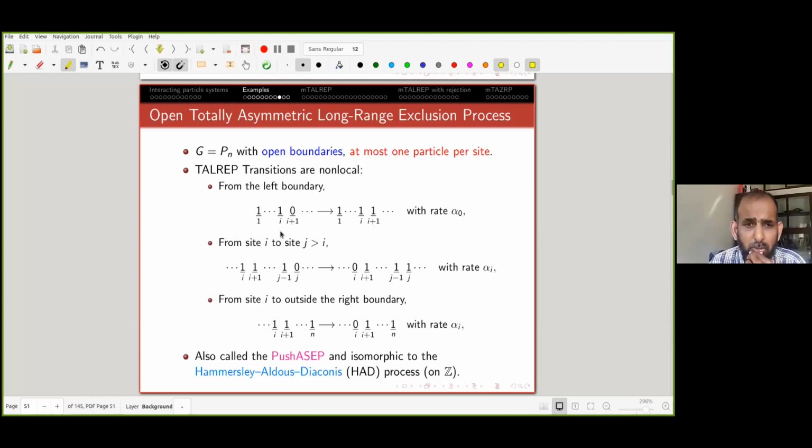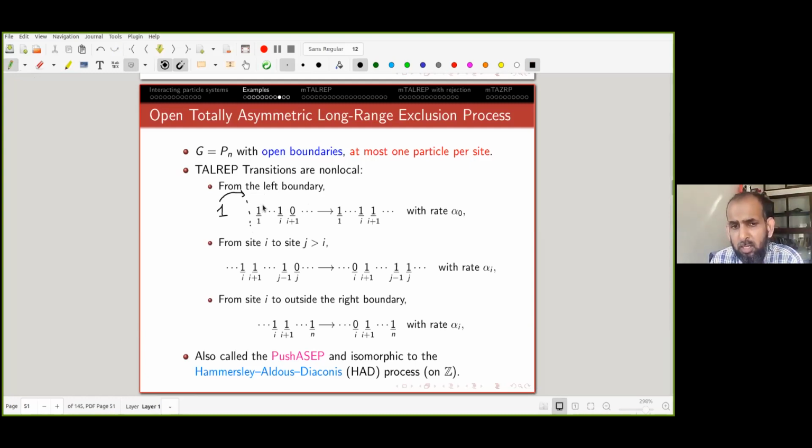And they're as follows. Suppose you imagine that there is a particle over here on the left boundary, separated from the system. With rate alpha 0, it will try to enter and it will look for the first available site that it finds.